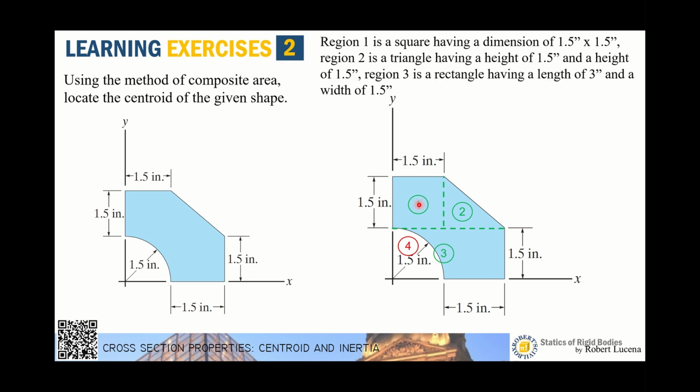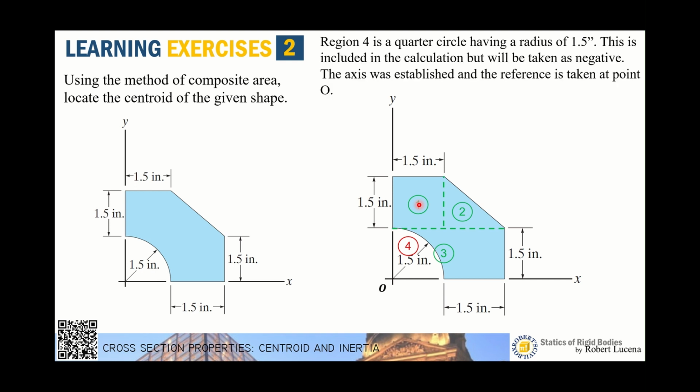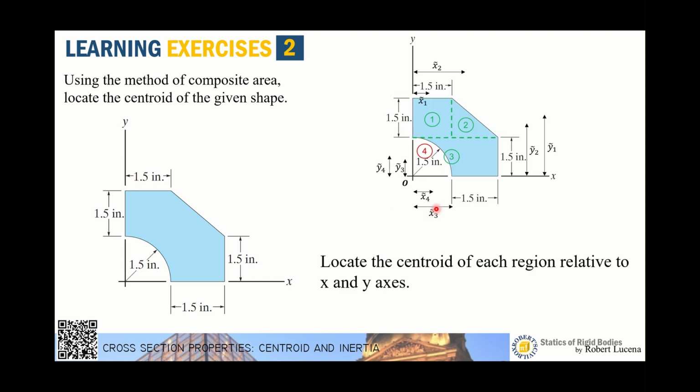So let's have here the reference axes. The reference axes are y, placed on the leftmost side of the shape, and x at the bottom. So all of the lever arms will be measured in a positive sense. Let us now locate the centroid. Again, it is very simple.